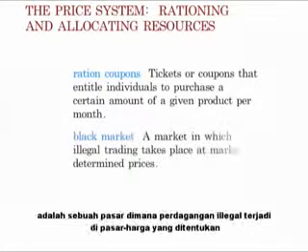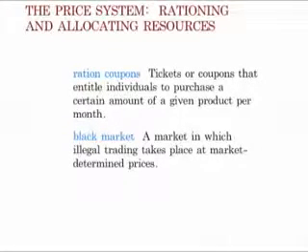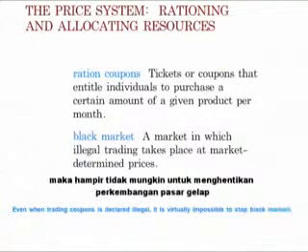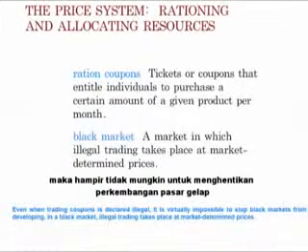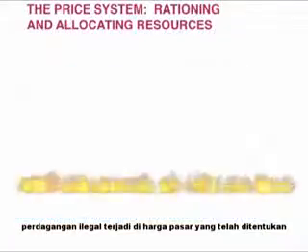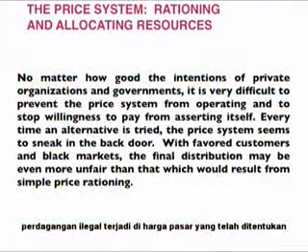Black market is a market in which illegal trading takes place at the market determined price. Even if trading coupons is declared illegal, it is virtually impossible to stop a black market from developing.